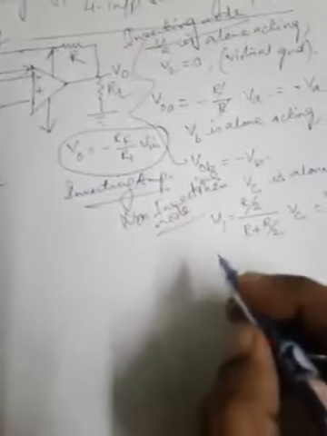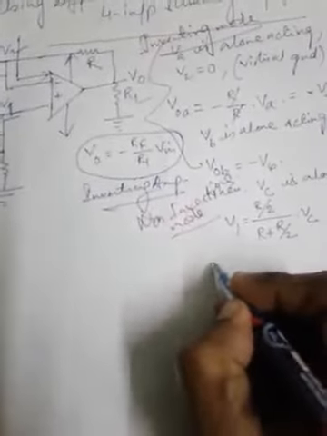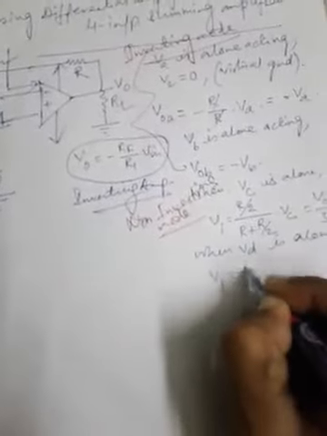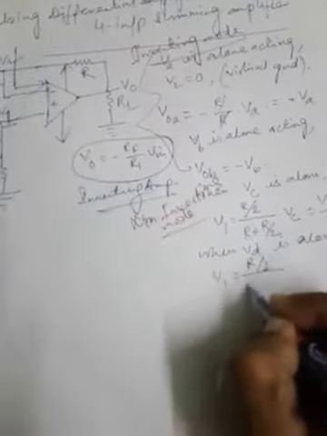Similarly, if we want to find V1 when VD is alone, then V1 should be written as R by 2 divided by R plus R by 2 into VD, that is VD by 3.